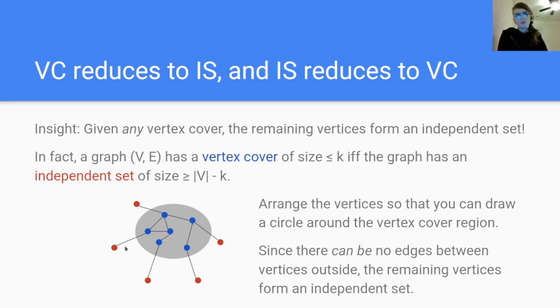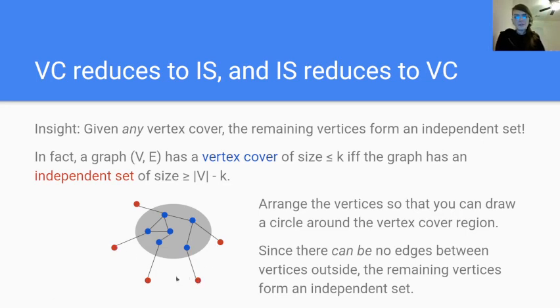So all these other vertices that are outside the vertex cover cannot have edges between them. If there were an edge between these two red vertices, then this would not be a vertex cover, because we would not have a vertex incident to this edge in our vertex cover. So there can't be an edge here, or between these two.